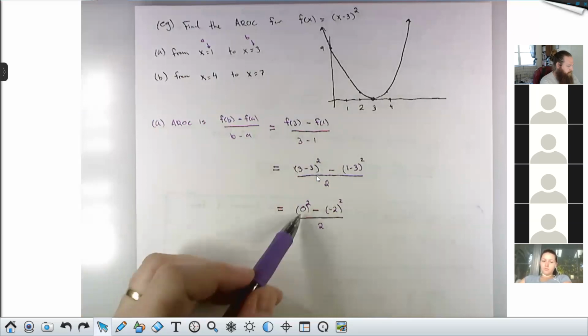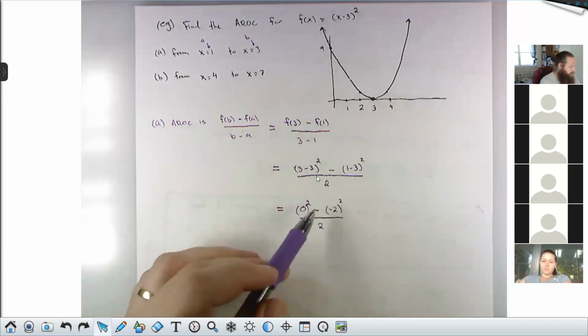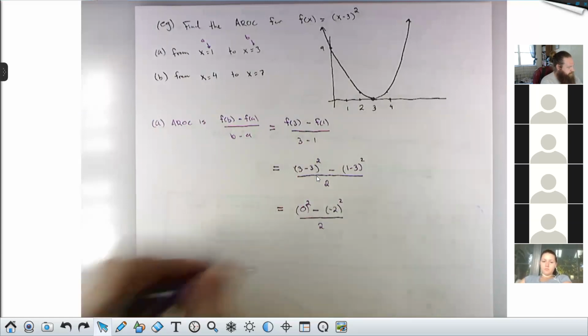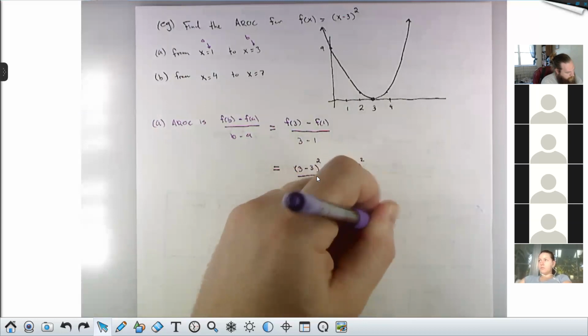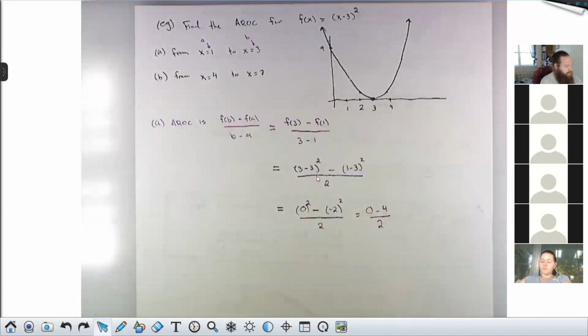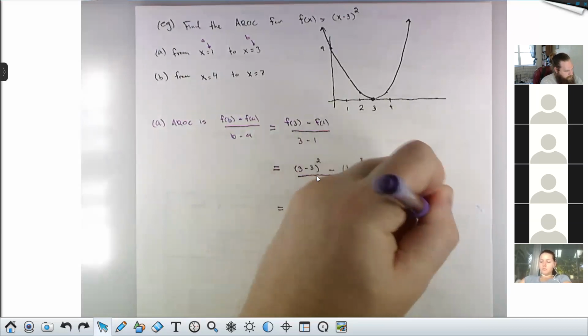0 squared is 0, right? 0 times 0. Negative 2 squared is positive 4. So this is 0 minus 4. I'll write it over here. 0 minus 4 over 2, which is negative 4 over 2, which is negative 2.